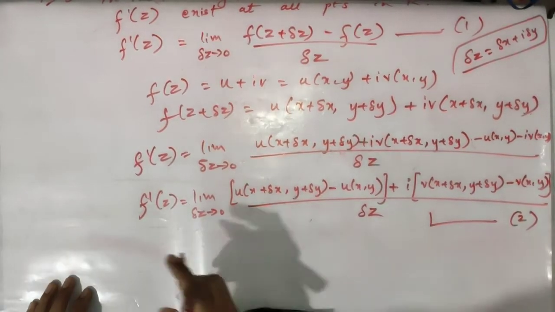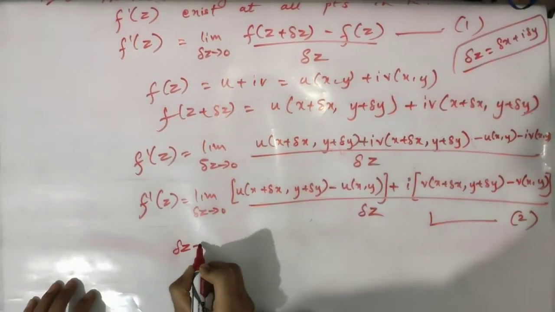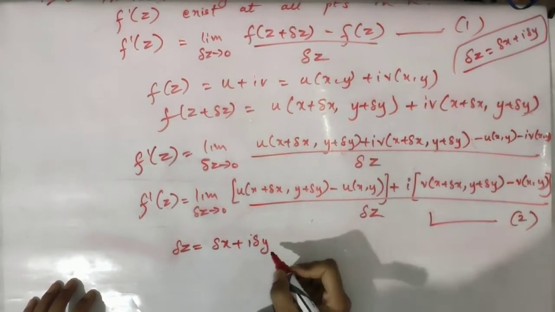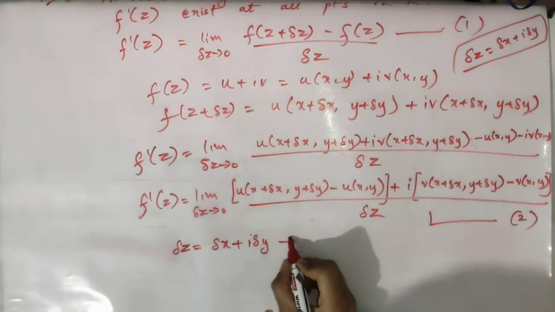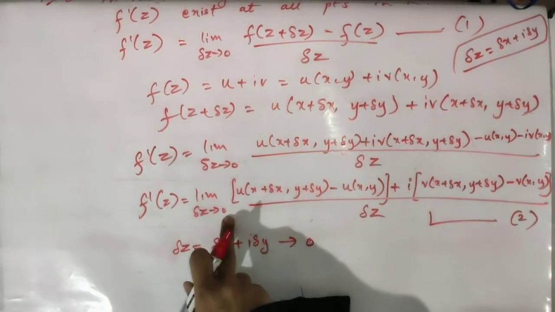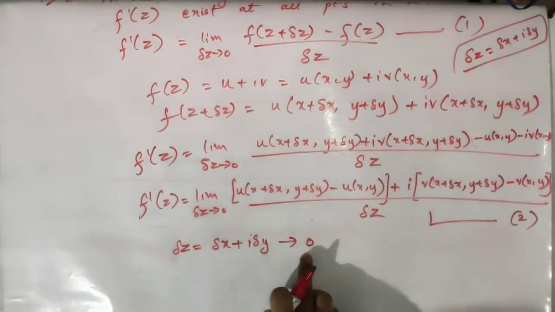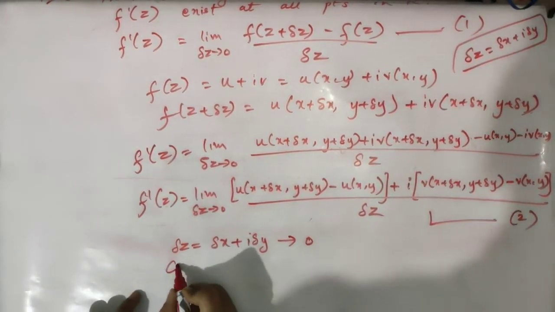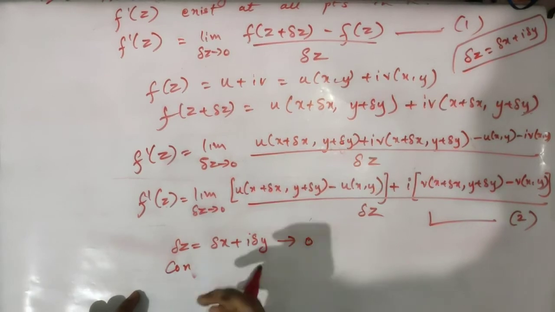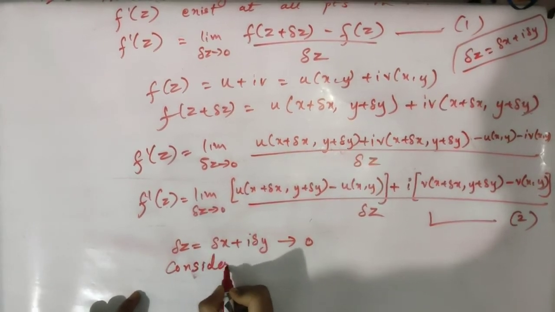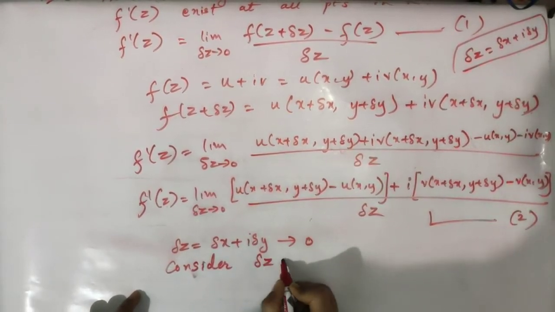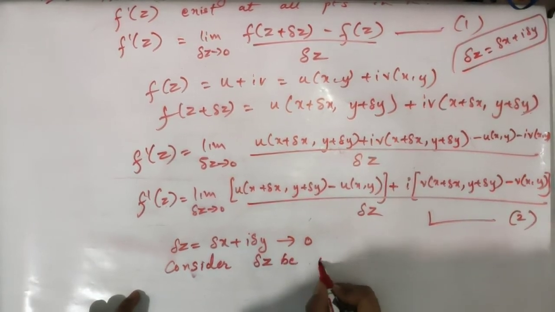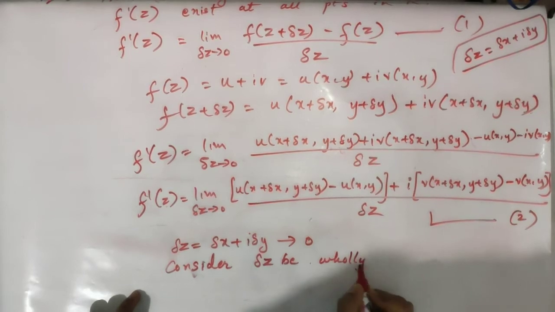In this equation 2, my delta z is delta x plus I delta y. Let this tend to 0, because this delta z is tending to 0, meaning delta x plus I delta y tends to 0. It means I will consider delta z to be wholly real.